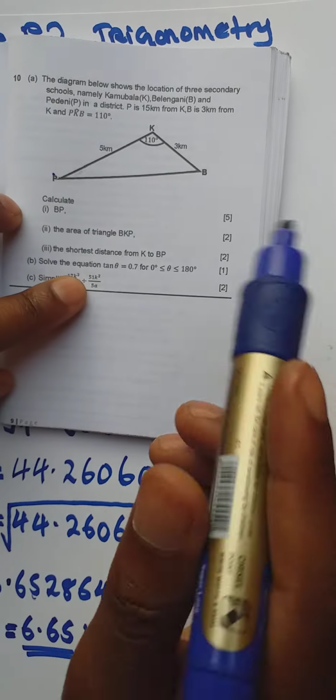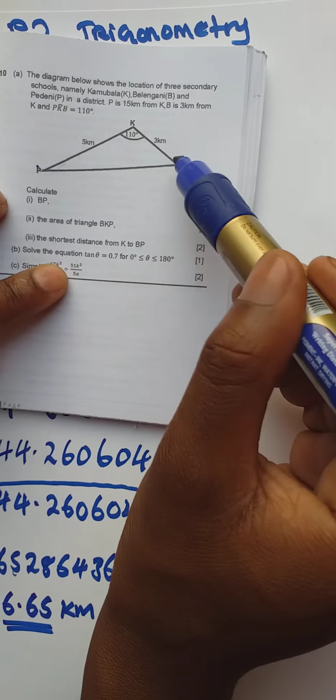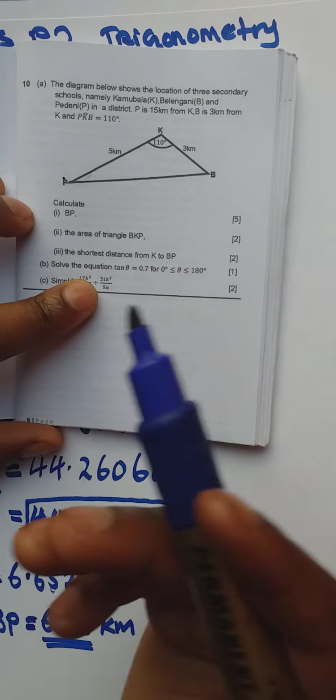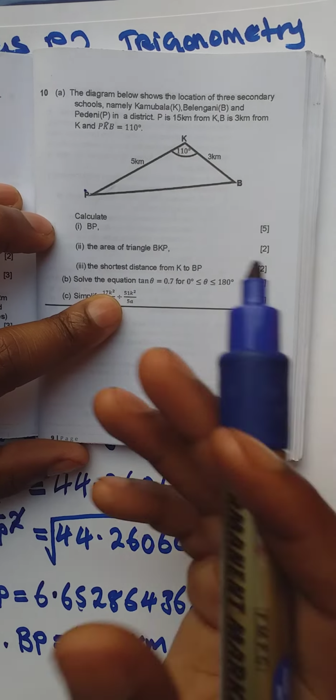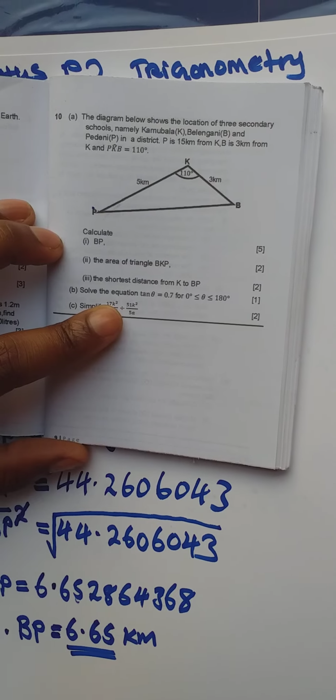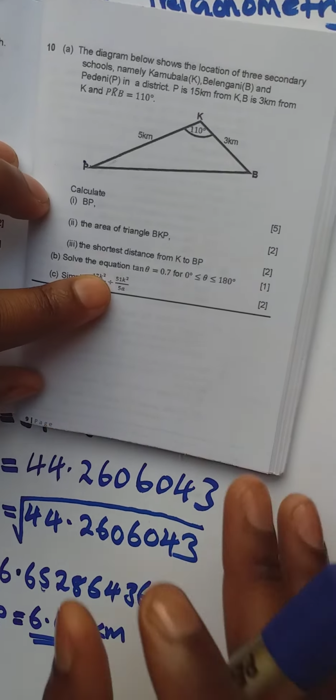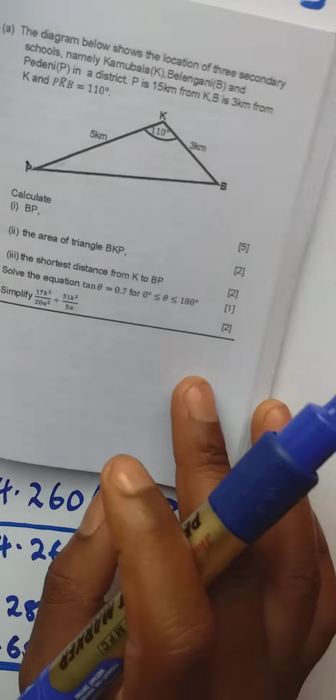What's the shortest distance from K coming to PB? What you should understand is that in a triangle, the shortest distance is always the height of the triangle. Since there is no height given in this triangle, we want to calculate the height, and that is what the shortest distance is all about.